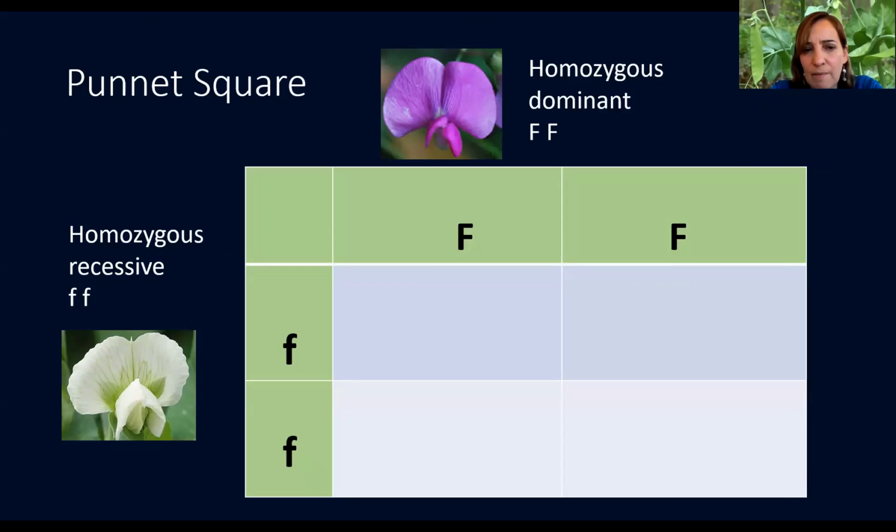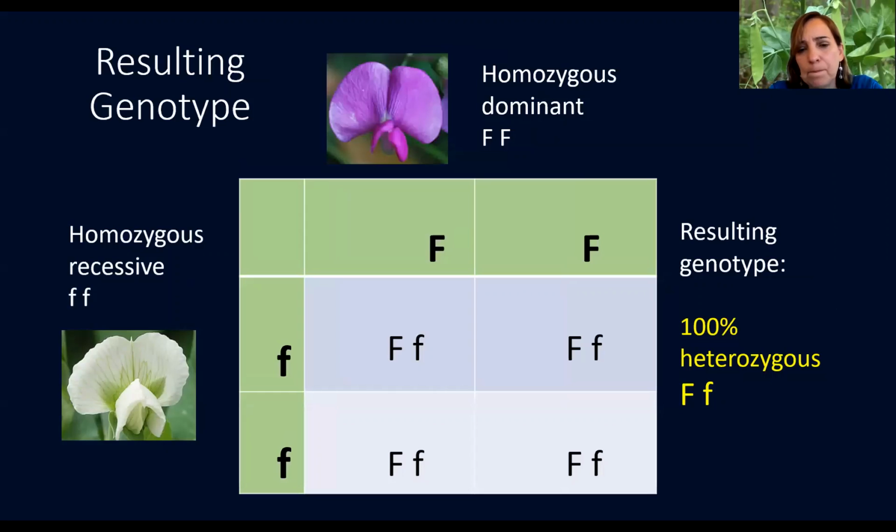For example, if we have two flowers here, one homozygous dominant and the other homozygous recessive, one purple and the other white, the probabilities for the resulting genotype will be that all of them are heterozygous, because we combine one capital letter with a lowercase letter. So that will be the resulting probabilities for the genotype. All the possibilities are heterozygous.